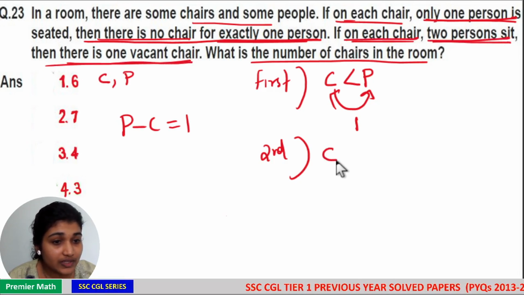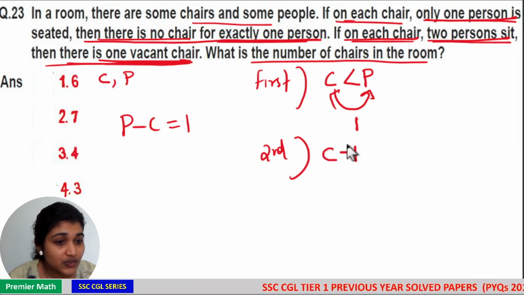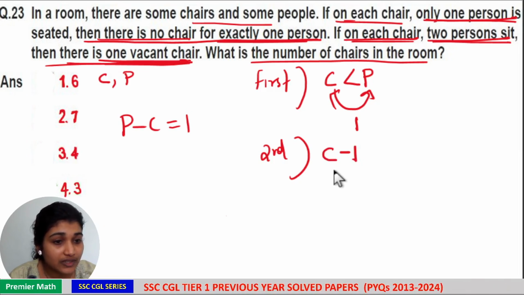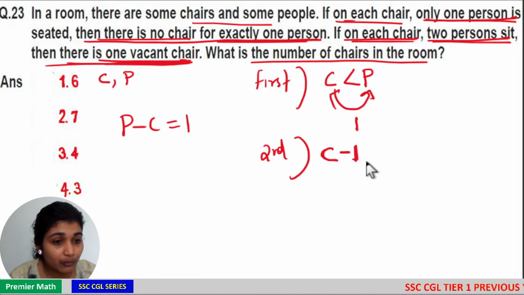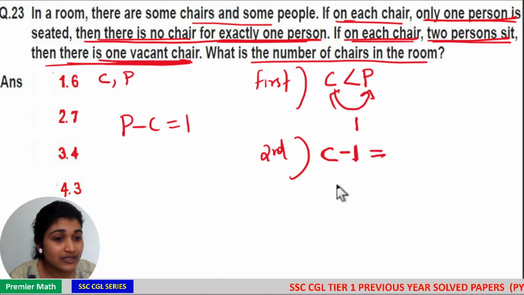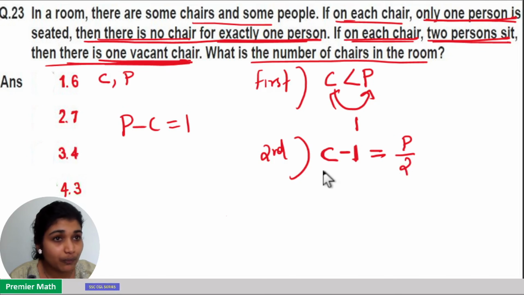Total number of chairs is C. If you subtract this one vacant chair from the total number of chairs, C minus 1 is the fully occupied seats, and this equals half of the people because two people are sitting in one chair.